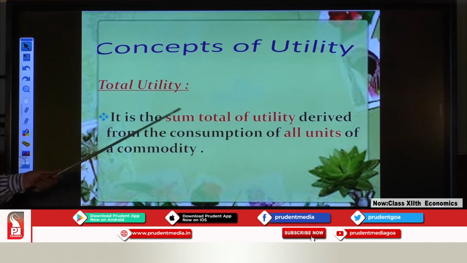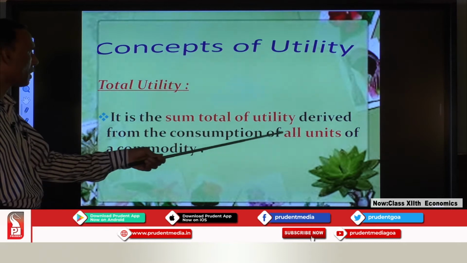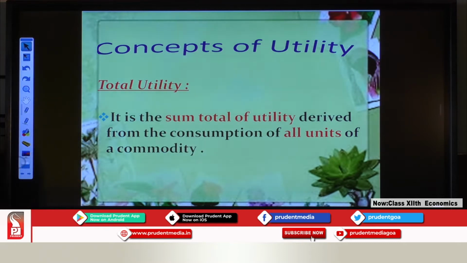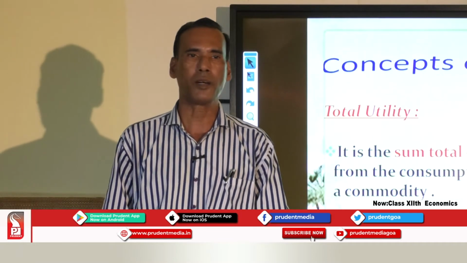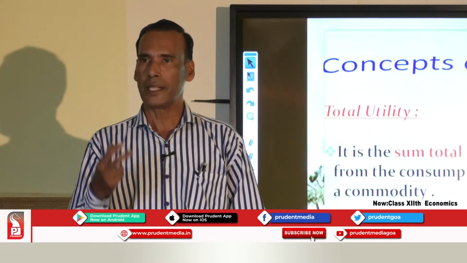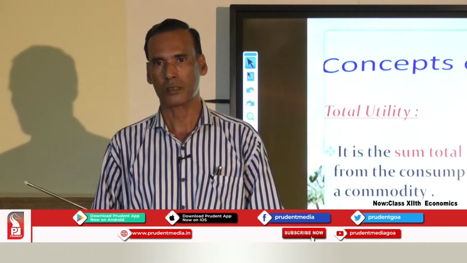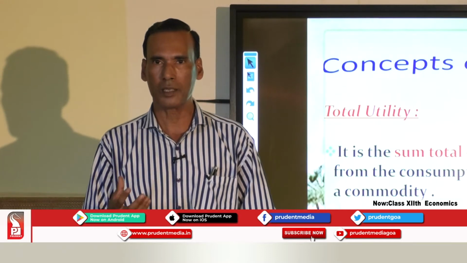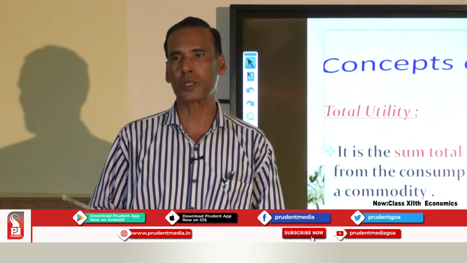Now, total utility means it is the sum total of utility derived from the consumption of all units of a commodity. Say, for example, I have half a dozen apples. I eat one apple. It gives me some level of satisfaction. I eat another apple, the second apple, gives me more satisfaction.